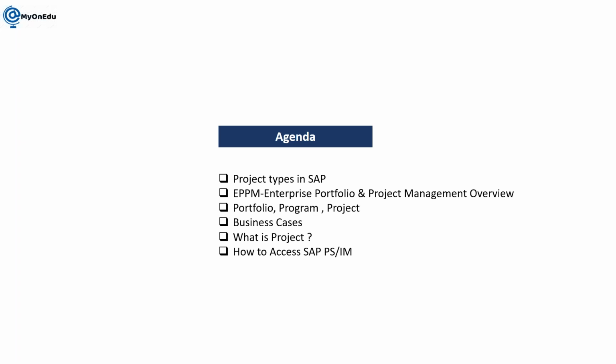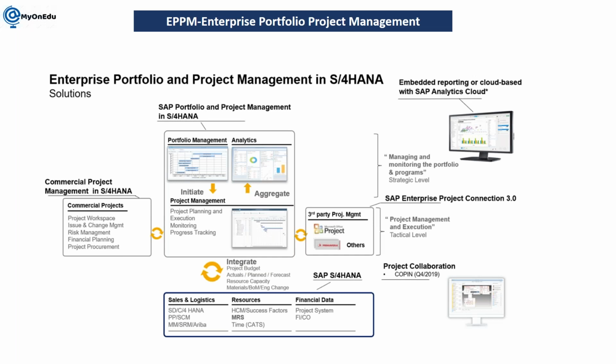EPPM, enterprise portfolio project management. Nowadays you will hear this terminology regularly. How it came, how it evolved with time, and how SAP accepted it. This concept is very old, but how it came into our normal language as EPPM, I will explain what the reason is. So first, we'll understand the concept of enterprise portfolio project management.